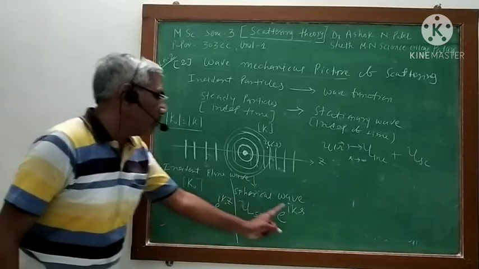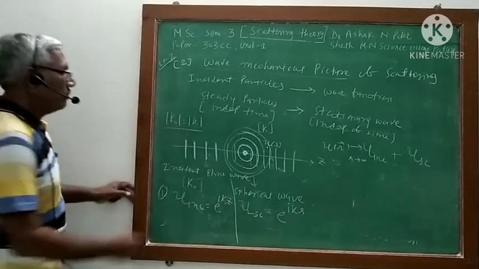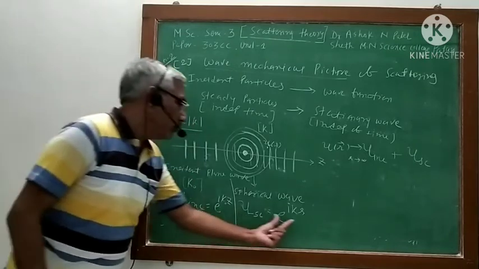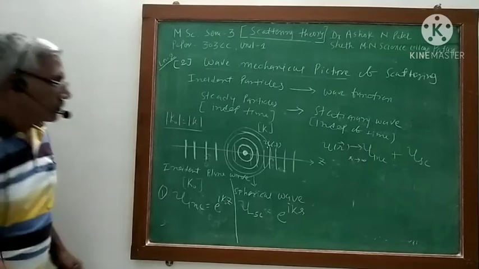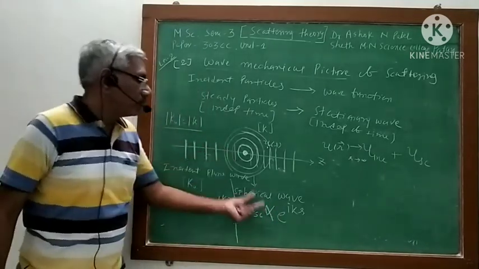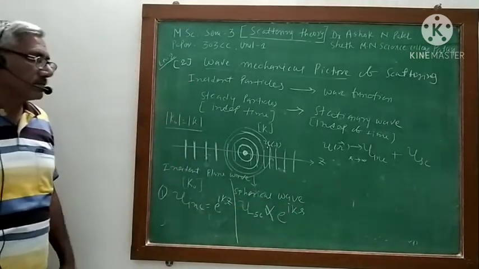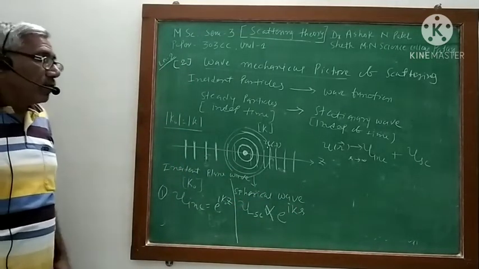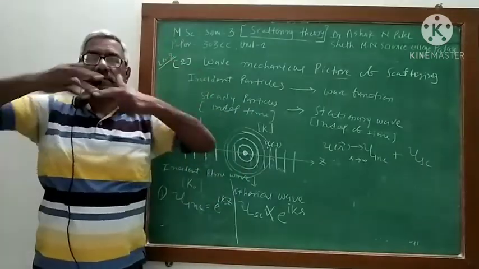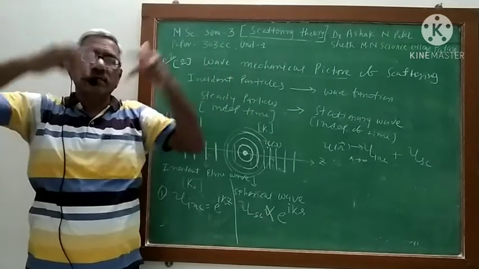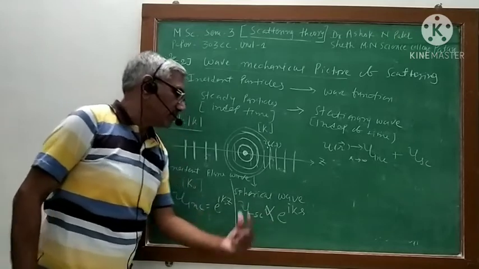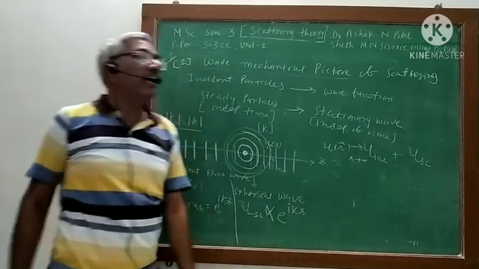Magnitude wise, k0 is equal to k. So u scattered is proportional to e^(ikr), because this is my origin and waves are scattered in all directions. As r increases, the scattered wave is represented like this.